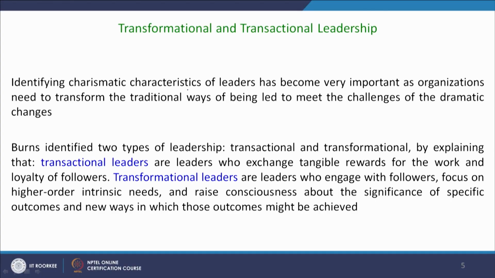So, if I say that identifying charismatic characteristics of leaders has become very important as organizations need to transform the traditional ways of being led to meet the challenges of dramatic changes. Earlier it was like either it has to be democratic, autocratic or laissez-faire. No matter whatever the environment, we are executing only three specific styles of leadership.